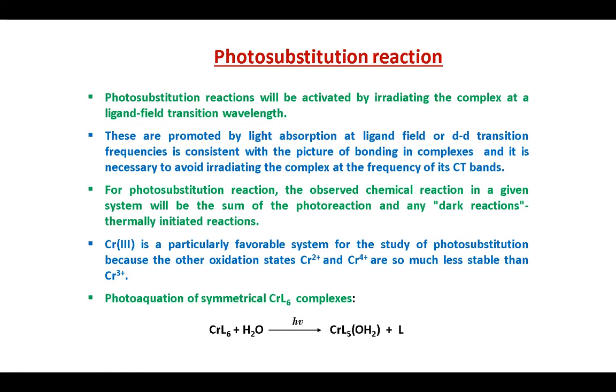In photoaquation of symmetrical CrL6 complexes, as you can see here, for a given ligand, the quantum yield, usually 0.1 to 0.4, is independent of which band is irradiated. This suggests that the photoreaction occurs from the lowest excited state, a rule analogous to Kasha's rule for radiation emission. The quantum yield tends to rise with Dq for the ligand L.